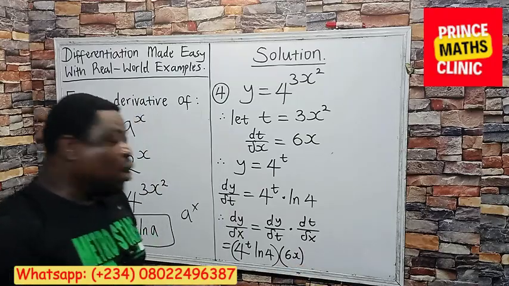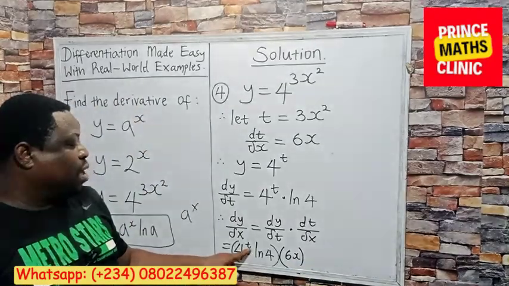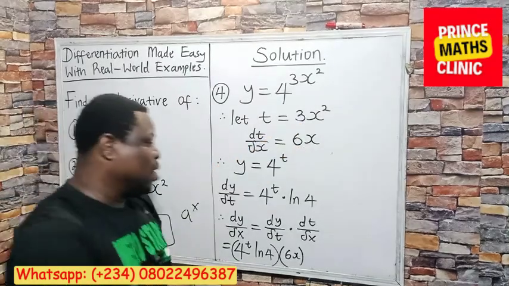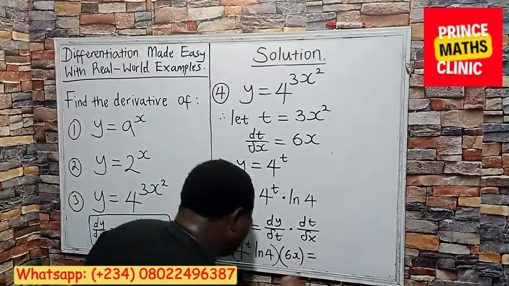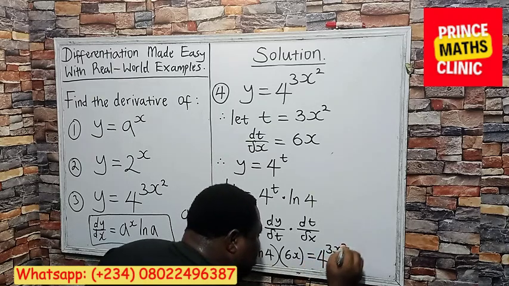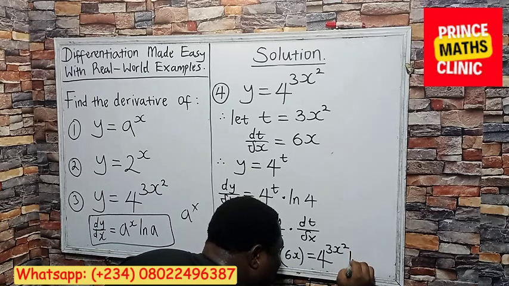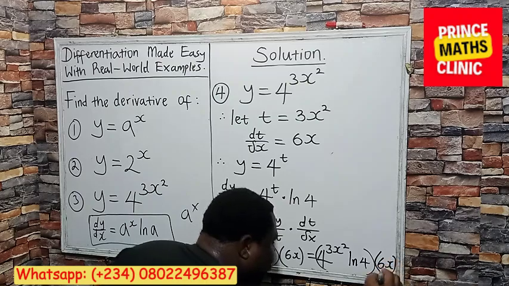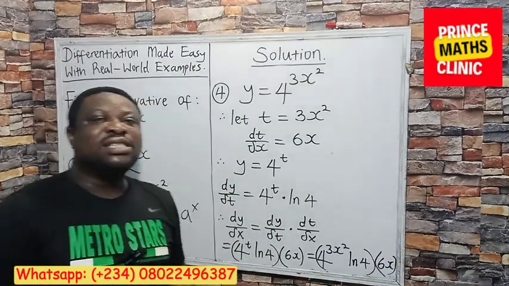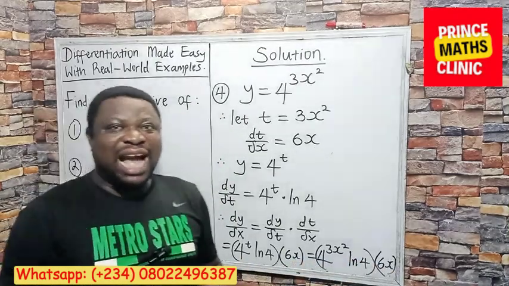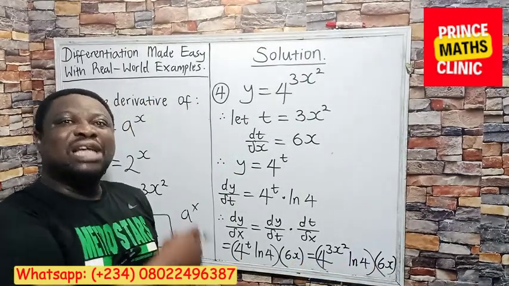Good. So what do we do at this point? I want to replace back my t. Remember, t is equal to 3x to the power of 2. So this will become 4 to the power of 3x squared ln 4, all multiplied by 6x. Now, you can leave your answer like this, or you can put 6x in front and put this at the back. That is the result to this set of questions.